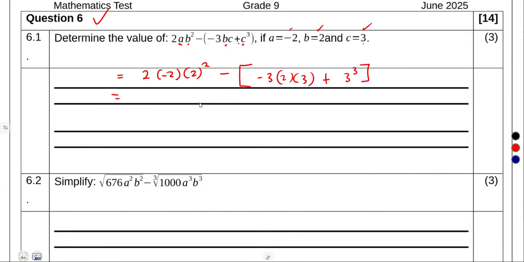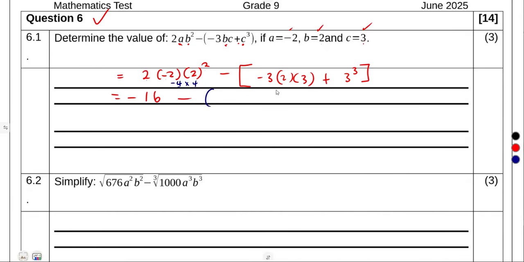All right, let's try to simplify stage by stage. 2 squared, that's a 4. 2 times -2, that's -4. So -4 times 4 is going to give us -16 at the end. All right, minus, then you consider what is inside this bracket.